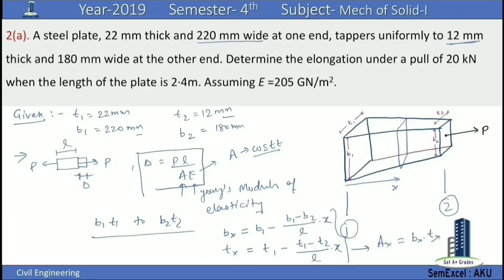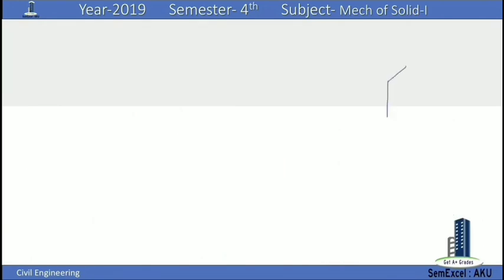Now we will calculate the deflection at dx length. This is the dx piece. Deflection for this element, dx element. So let's draw the element dx again. This was the element dx.